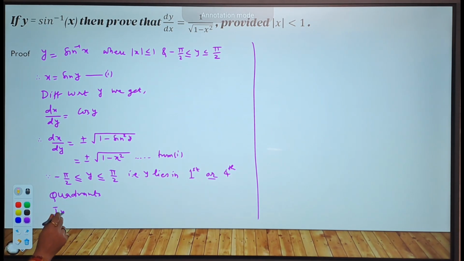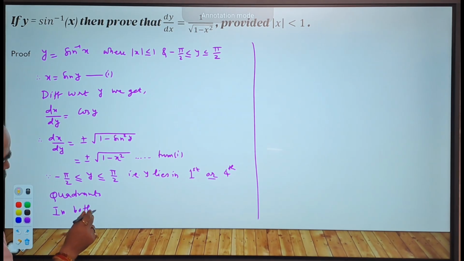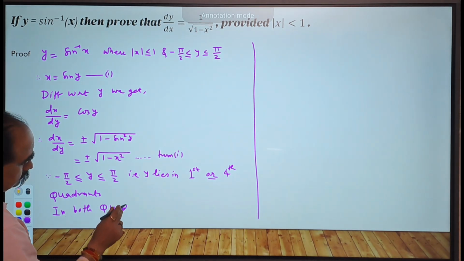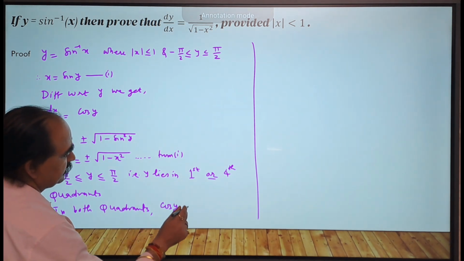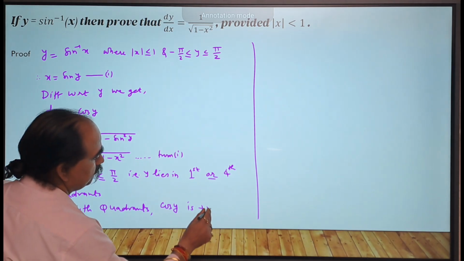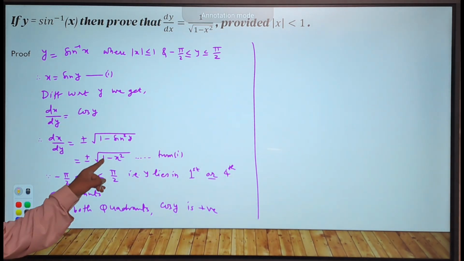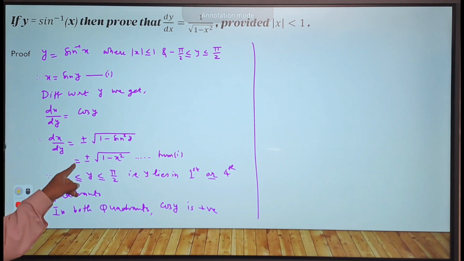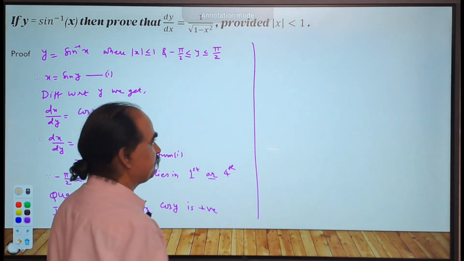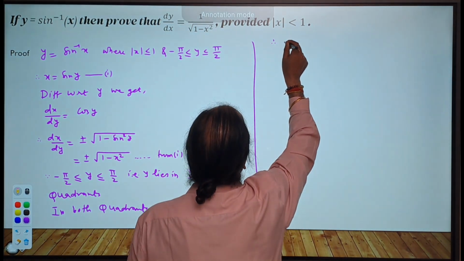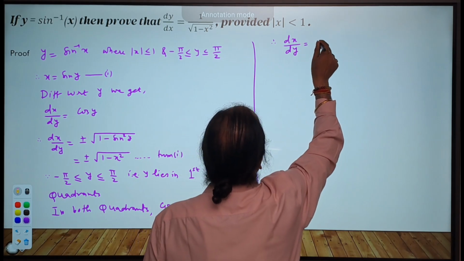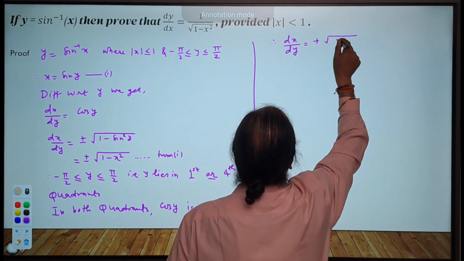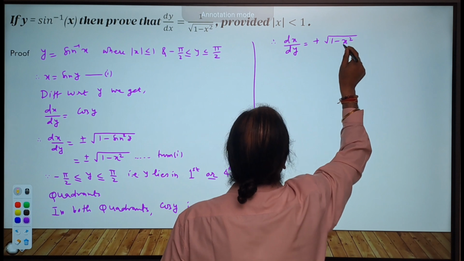In both the quadrants, cos y is positive. Why cos y? This is the value of cos y. In place of cos y, we have written this. And cos y is what? Positive in both the quadrants. Therefore, dx by dy is positive root 1 minus x square.